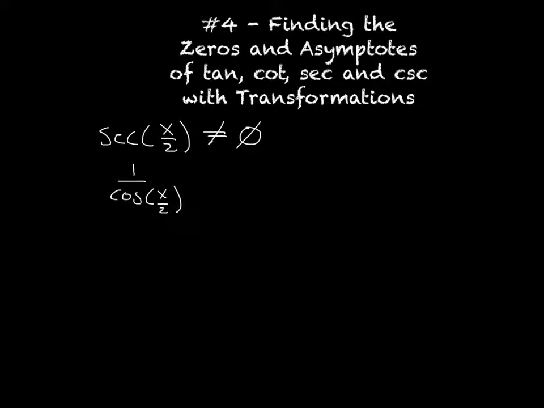All right, now do you guys remember what is happening when you have an x divided by 2? It's inside the parentheses, so it's horizontal. If it's horizontal, it is counterintuitive, so it's backwards. So it's really a horizontal stretch by 2. So therefore, you can see what you need to do here.